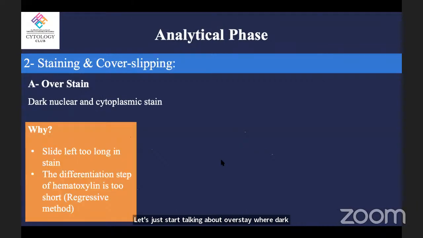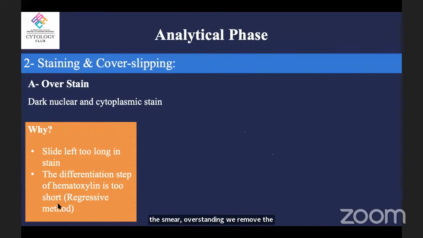So why is it happening? The first reason is that the slide was left too long in the stain, or the differentiation step of hematoxylin is too short, and we are talking about the regressive method. If you are using regressive hematoxylin, where the smear is overstained, then we remove the excess hematoxylin by acid alcohol, the differentiation step.